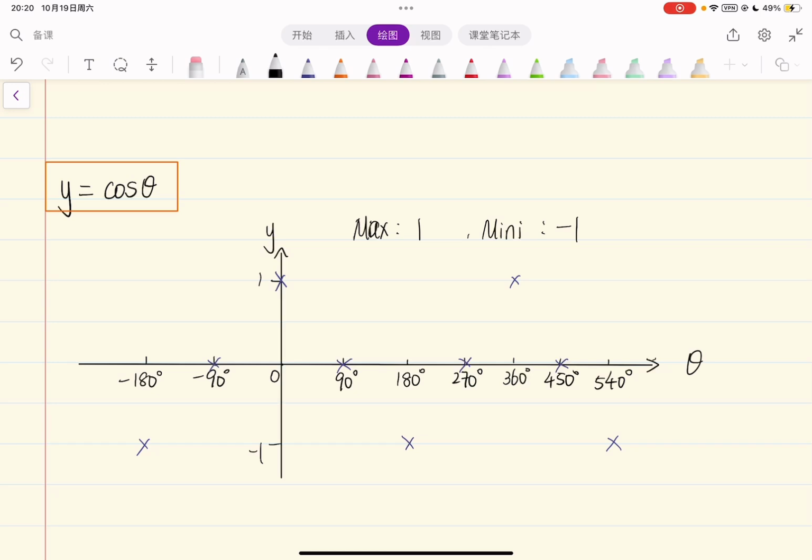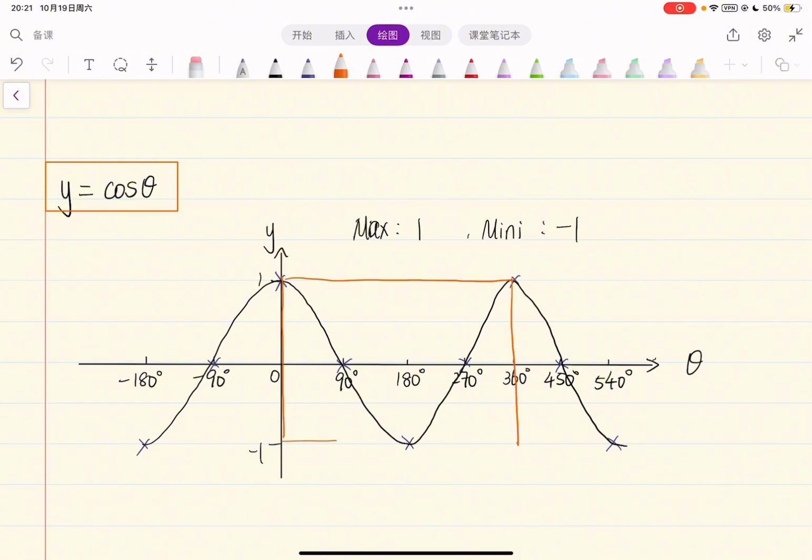So the graph of cosine theta looks like that. We can see it also repeats over 360. At the beginning, we start at y equals 1, and at 360 degrees there is another one.